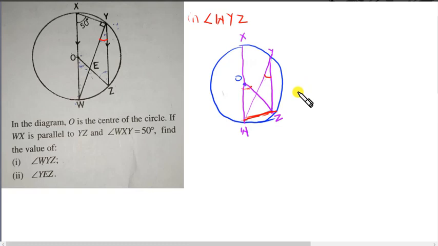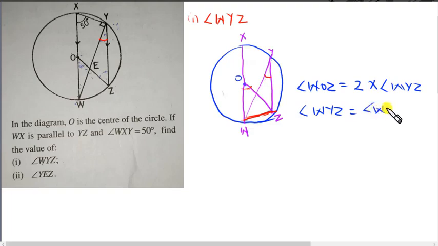That is, angle WOZ, the angle at the center, is equal to 2 times the angle on the circumference, angle WYZ. So if we want to find WYZ, we need to take half of angle WOZ. We need to divide angle WOZ by 2, but we don't know angle WOZ, do we?